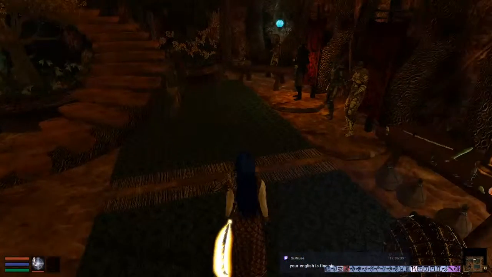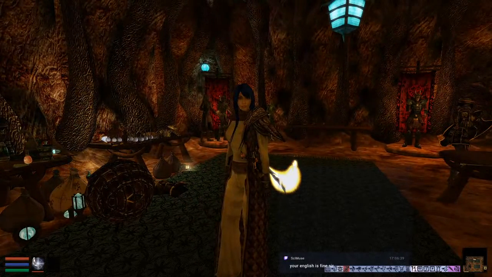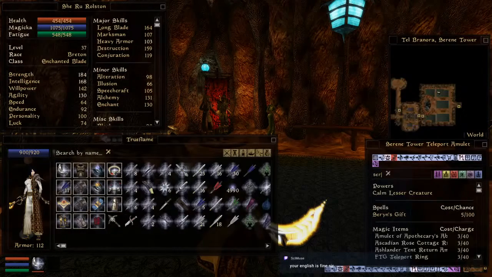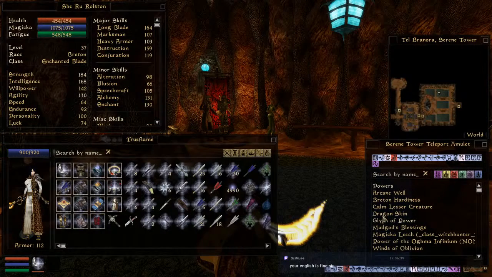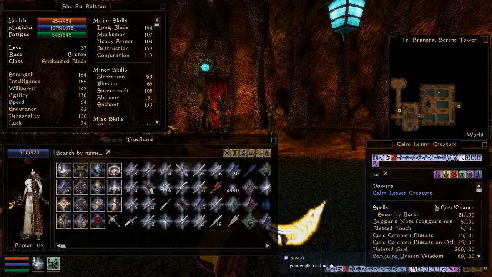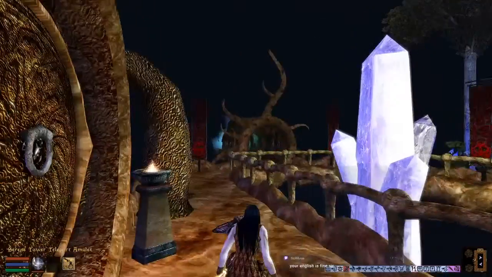If I want to teleport to the teleportation hub, in theory I should do the same this way while sneaking. Let's see, crossing fingers. Yeah, it works.